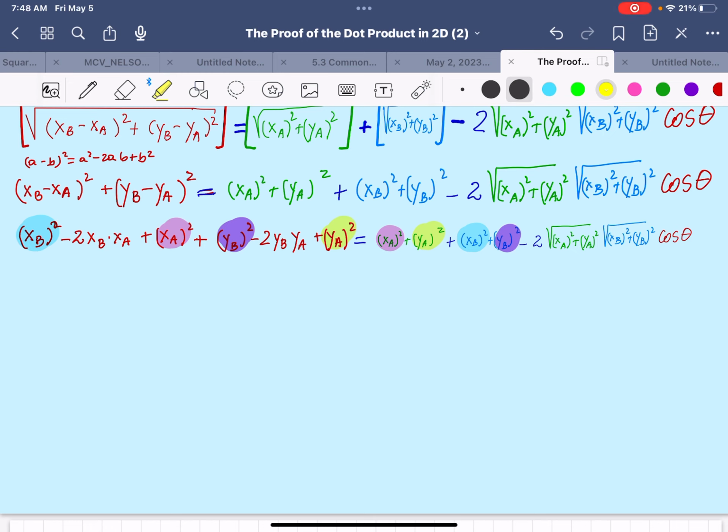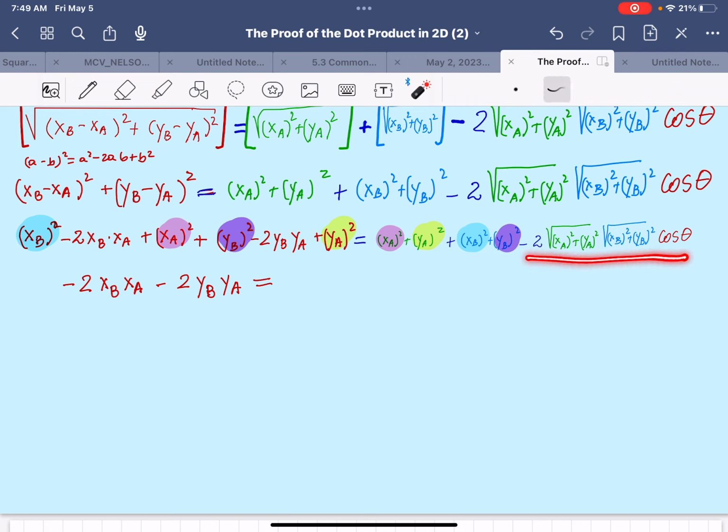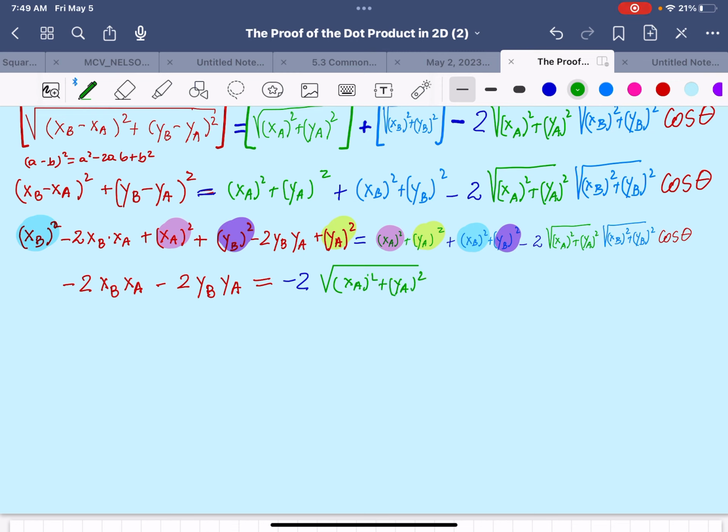So let's rewrite this entire expression now. So we are left with negative 2 xb xa minus 2 yb ya equals, so we have only this term now, so negative 2, the square root of xa squared plus ya squared multiplied by the square root of xb squared plus yb squared multiplied by cosine theta.